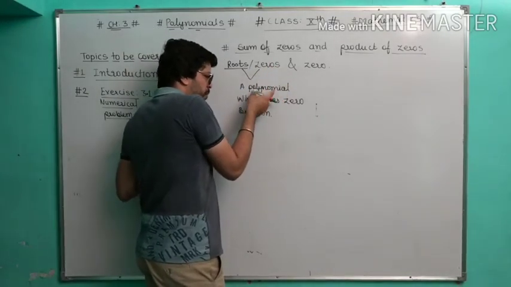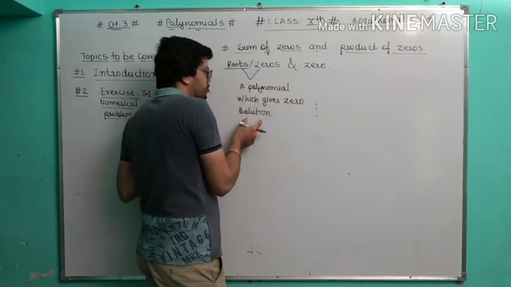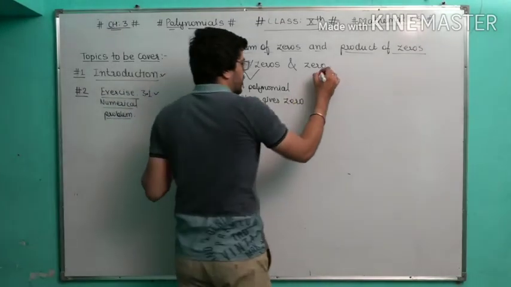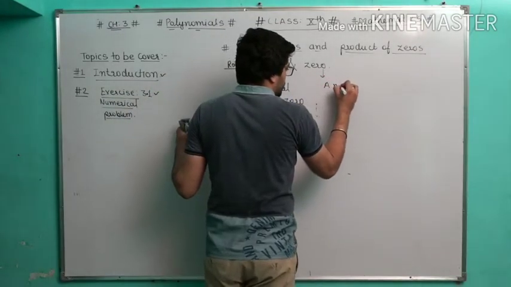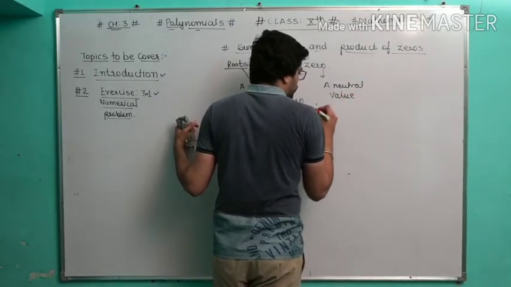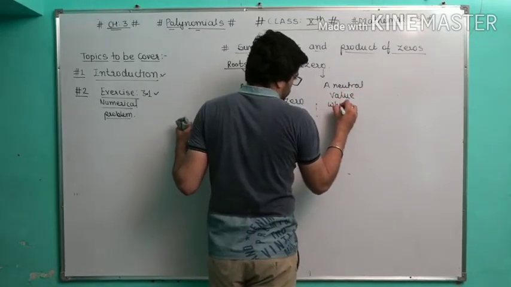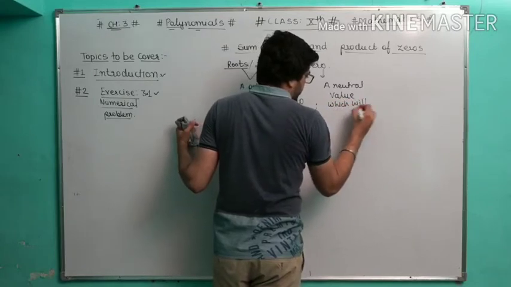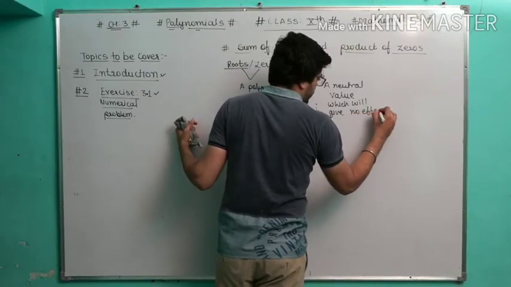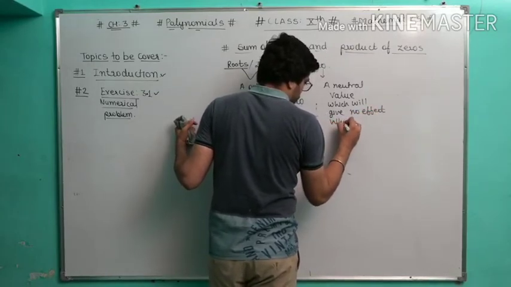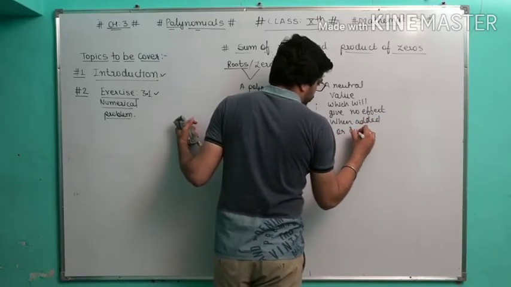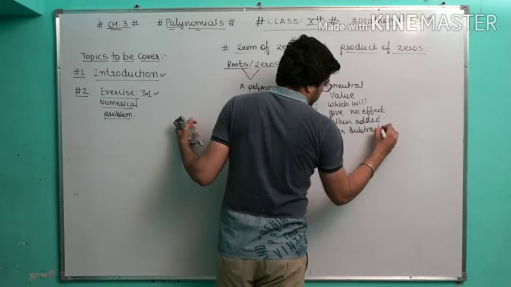A polynomial which gives a zero solution is called roots or zeros. What is zero? A neutral value which will give no effect when added or subtracted.